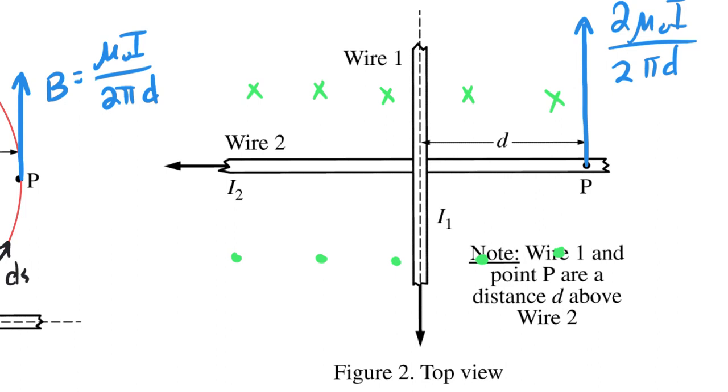So if I use IL cross B in my right hand rule, it looks like on this side of the wire, there's a force that is this way on the wire. But on this side of the wire, the force is this way. So I believe that there'll be a force this way here and this way there.